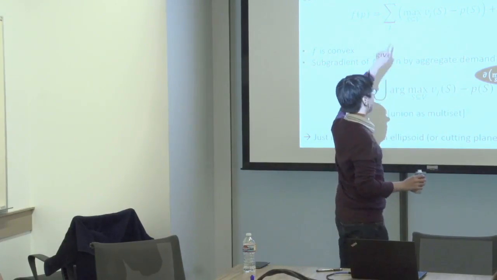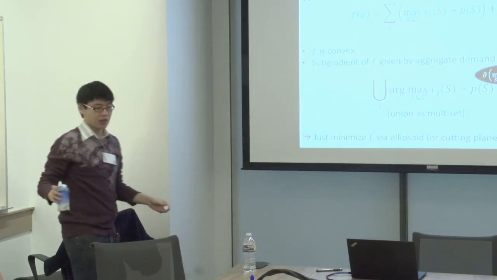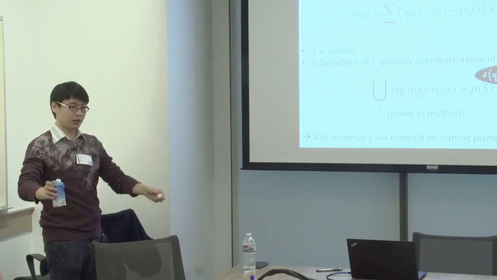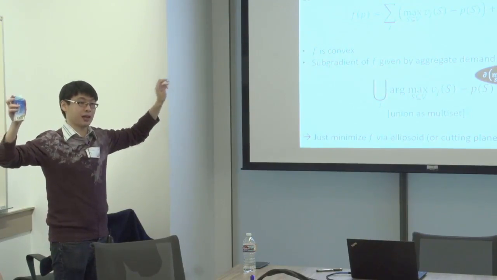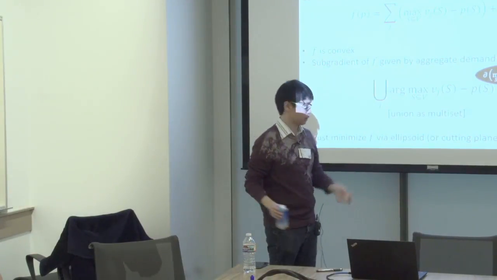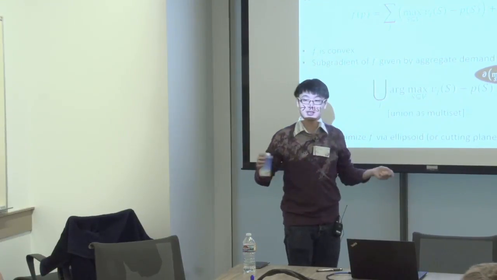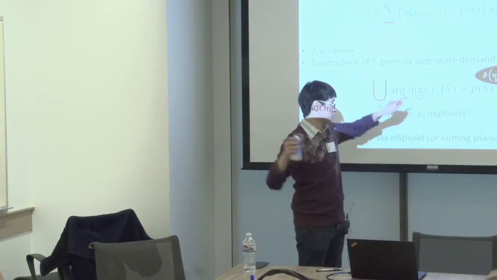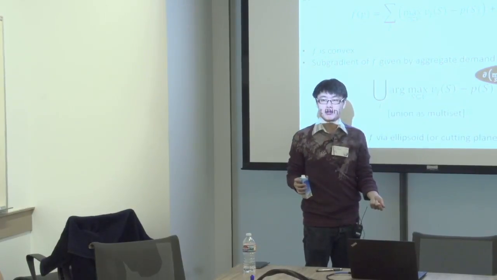So taking the gradient of that guy, you can show that you can get the gradient by what economists call the aggregate demand. So you just have the solution to our maximization problem as a multiset. You have a solution for each of the buyers, but you don't need to know the solution individually.